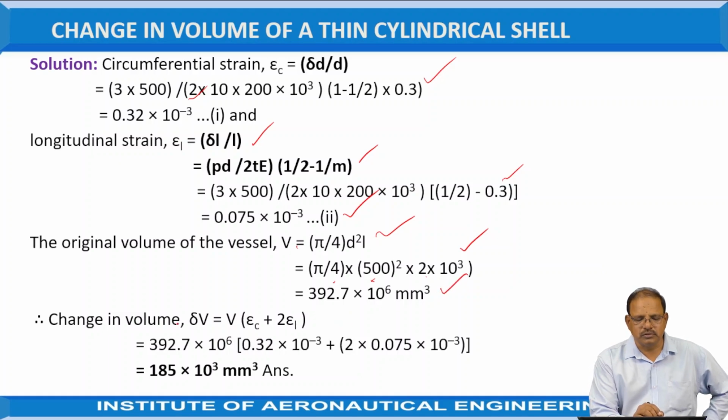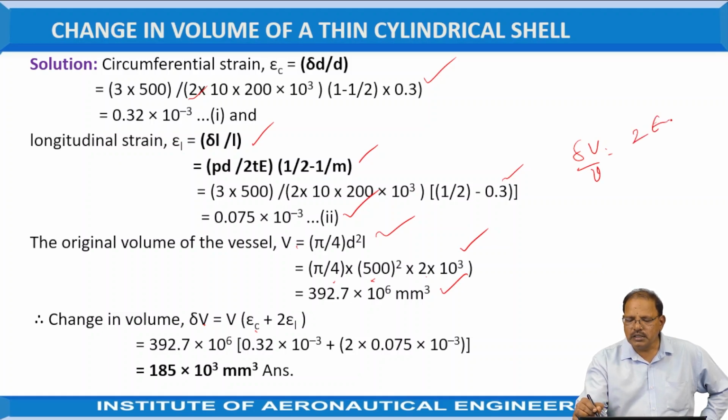The change in volume is delta V. Till now we measured delta V divided by V equal to 2 epsilon D plus epsilon L, so delta V is equal to V multiplied by (2 epsilon D plus epsilon L).